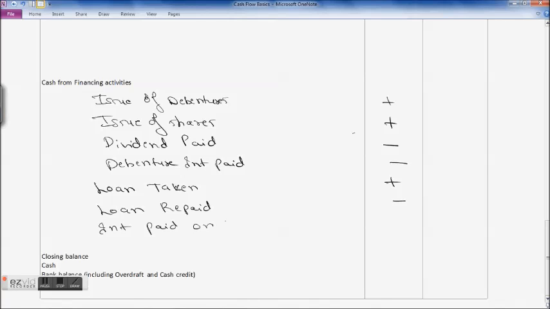Interest paid on loan, we have to reduce. Similarly, issue of debentures and issue of shares, we are adding it. If we are repaying the debentures or shares, we have to reduce it.